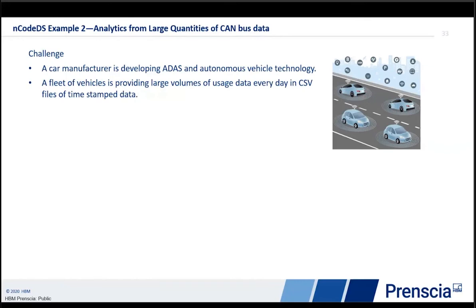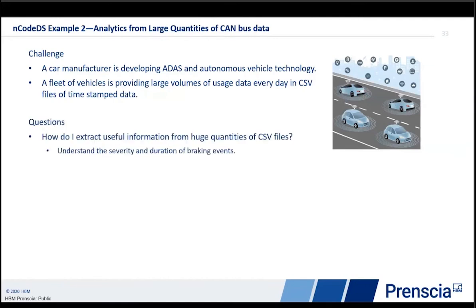So it's not the high precision, high sample rate, equally spaced data of a typical data acquisition system. It's CAN type data, timestamped. So the question is, how do I extract useful information from all of that high quantity of CSV files? For example, if I want to understand the severity and duration of braking events, how would I do that?